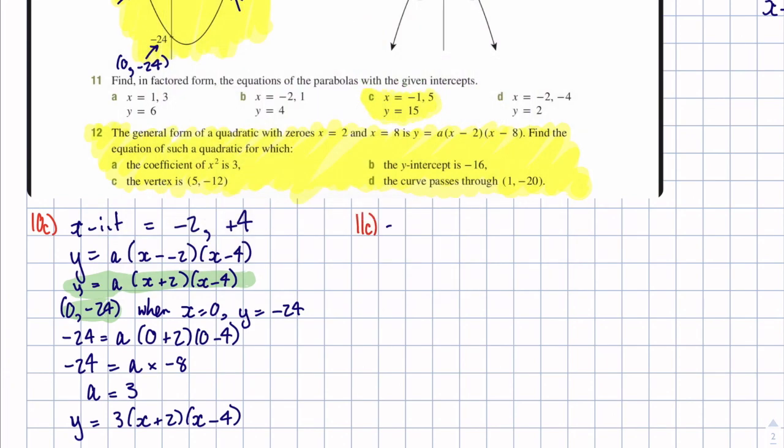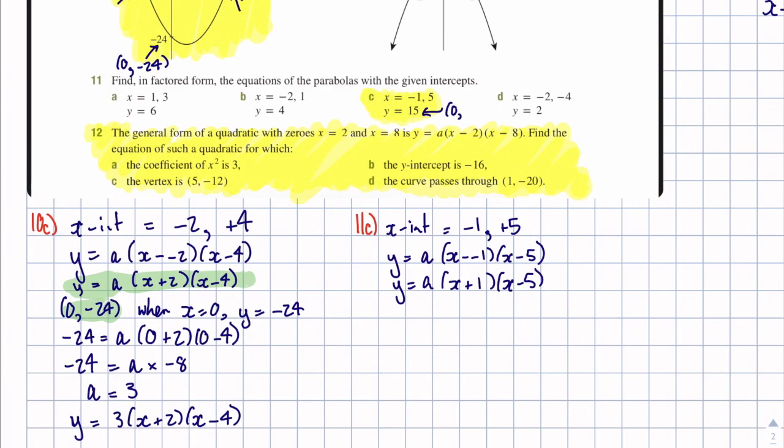I'm going to do question 11c the exact same way. We know the x-intercepts are -1 and +5, so y equals a, the coefficient of x squared, times (x take -1)(x take 5). So we get y equals a outside of (x plus 1)(x take 5). We're now going to sub in the point (0, 15), because it's the y-intercept.